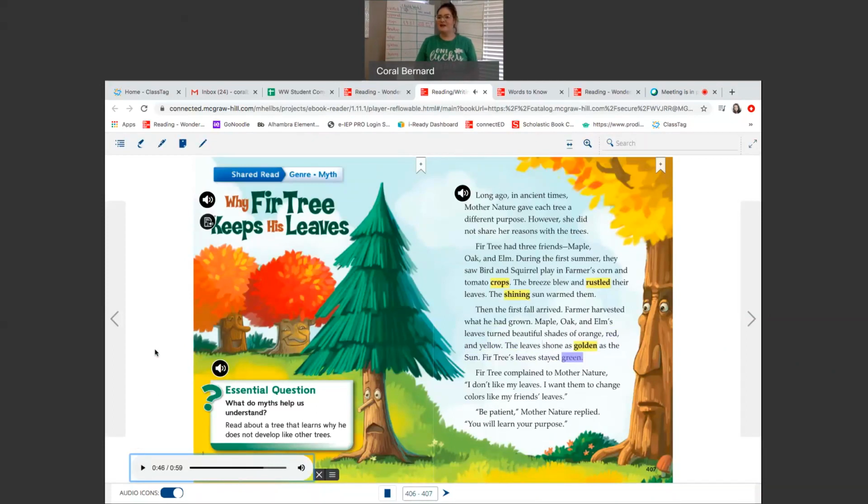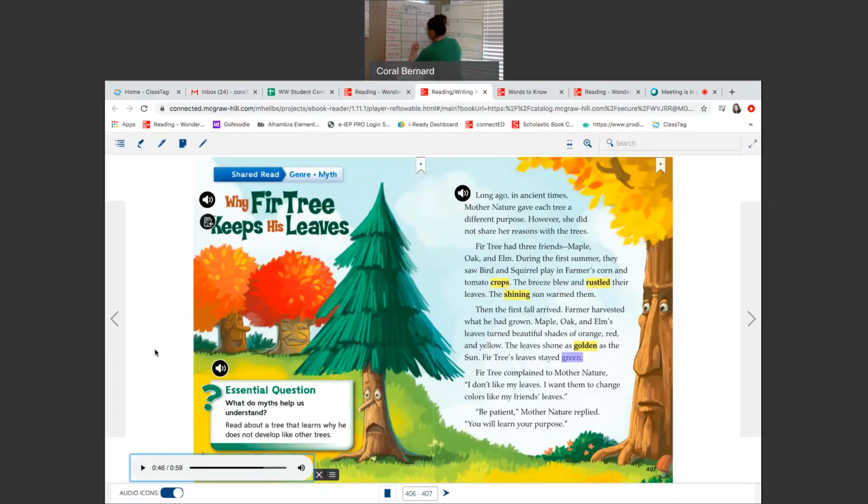I'm going to pause there. We came across another word. Wow, 4 words on one page. The leaves shone as golden as the sun. If I'm thinking of the word golden, and it's comparing the color, golden color, to the sun, I'm thinking that golden might be gold in color. Let me find golden on my anchor chart.